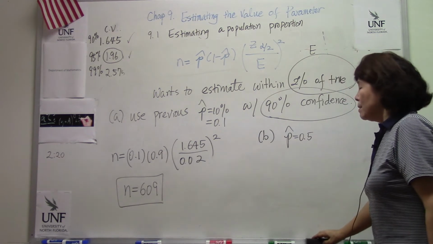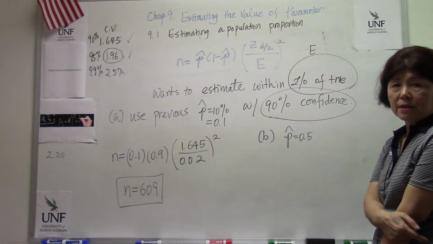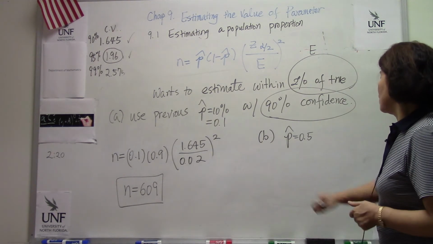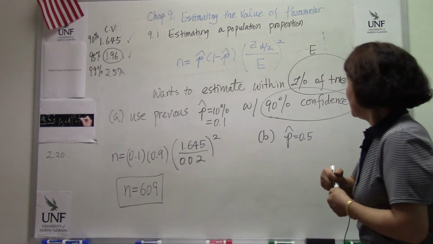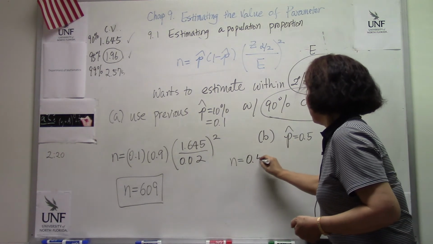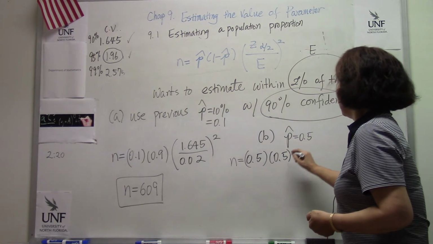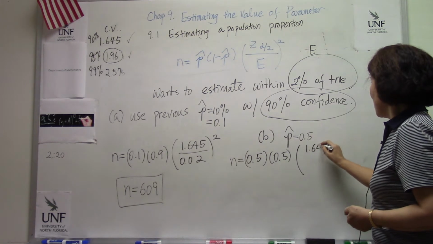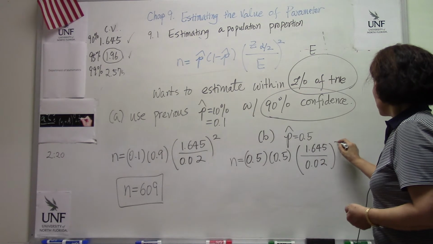The next one, the economist does not want to use any previous estimate. So what you have to do is use p hat equals 0.5. So in that case, n equals p hat is 0.5, 1 minus p hat also 0.5, and the rest is the same thing, 1.645 over 0.02 squared.